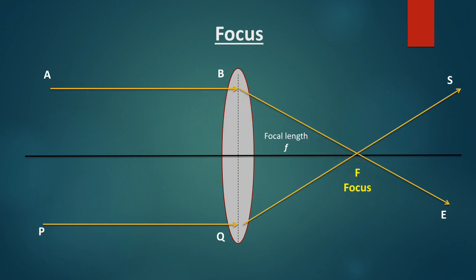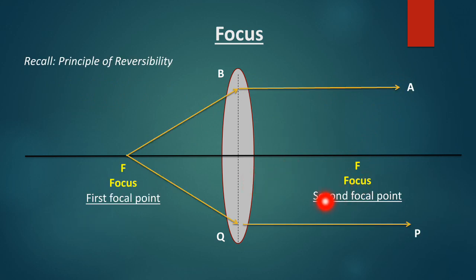And this second focal point is the actual focus of a convex lens. Whenever we take the focus of a convex lens, we'll consider the second focal point. Now the focal length means the distance from the lens to those focal points. So this is the first focal length and this is the second focal length, this distance I'm telling.